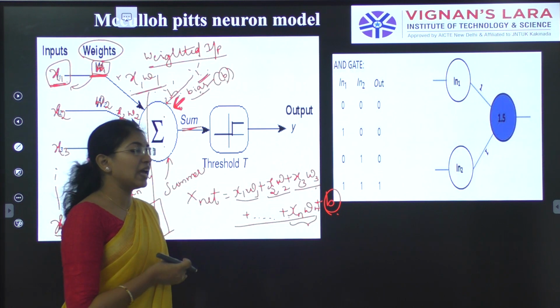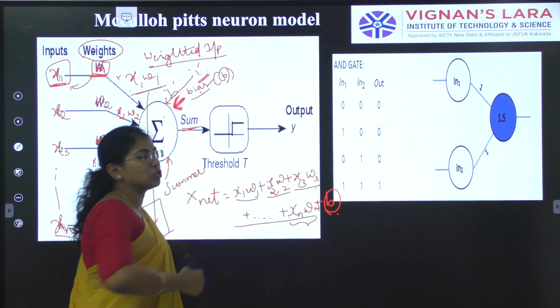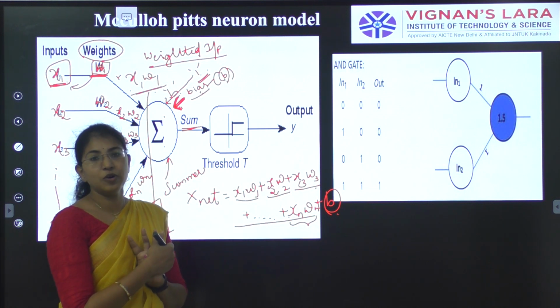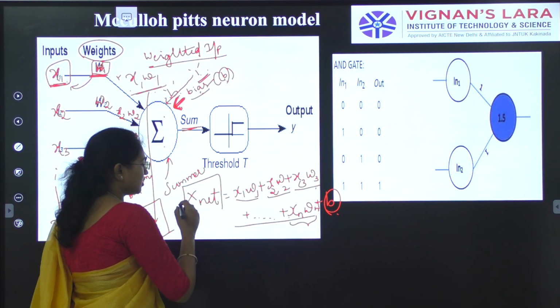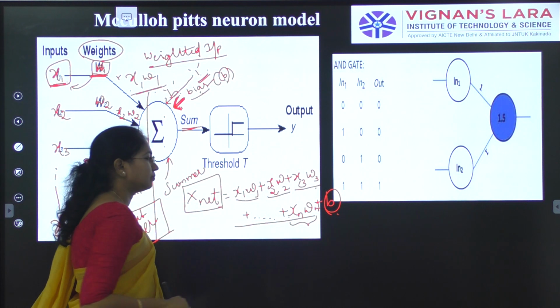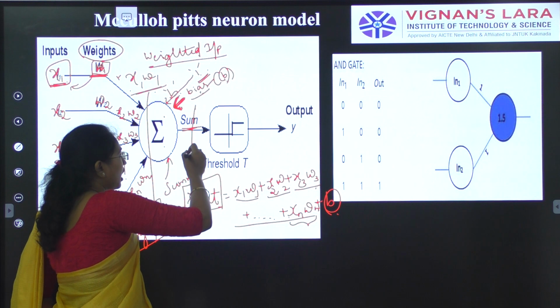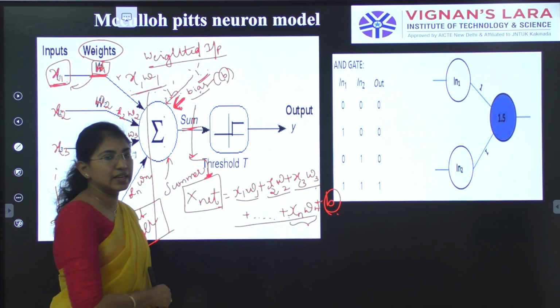In general, the bias is used to limit the summed weighted input. So this is how we get X net at the output of the summation block.